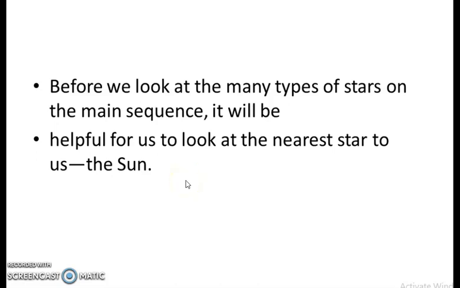We will discuss how the energy is produced in the core of the sun and how this energy is transported to the surface, and then how this energy is transported to the earth. So then we can look at the other stars and compare and contrast what we know about the sun.